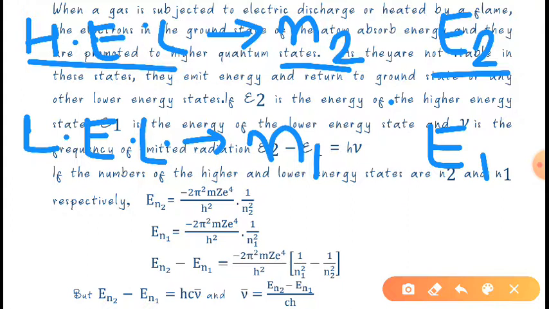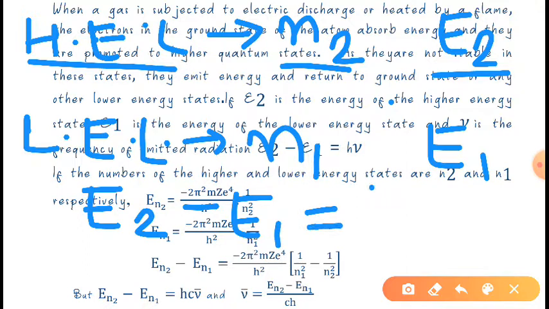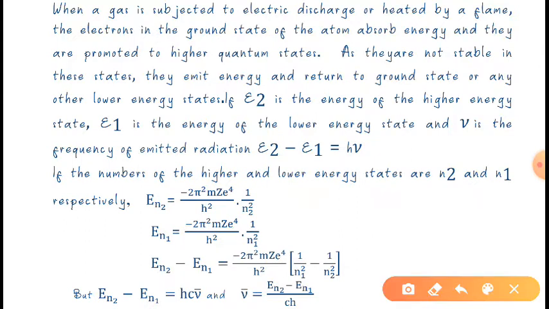So we can write E2 minus E1 equals h nu, the energy liberated. I hope up to this you have understood.